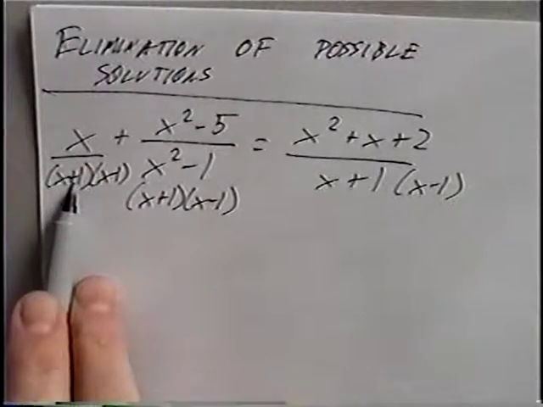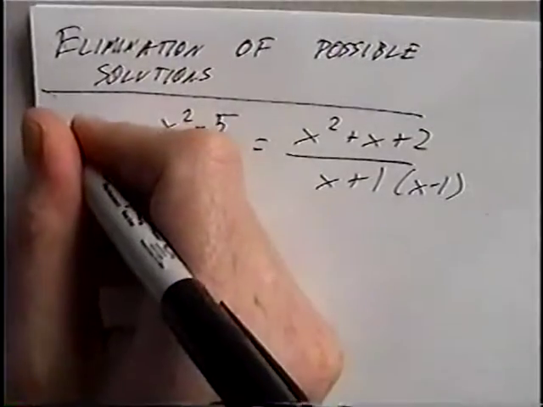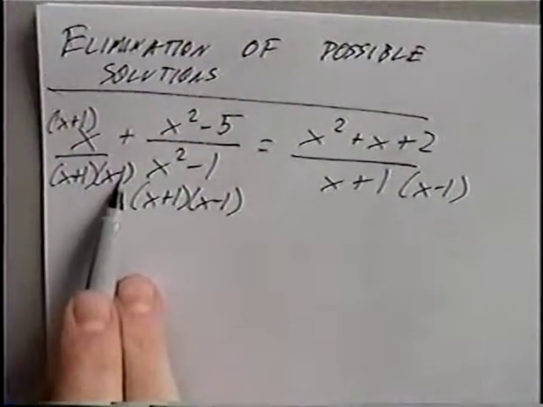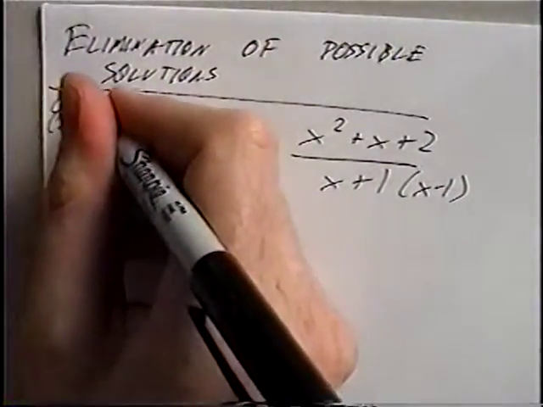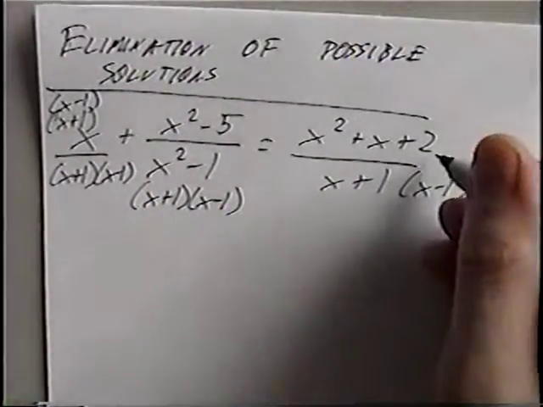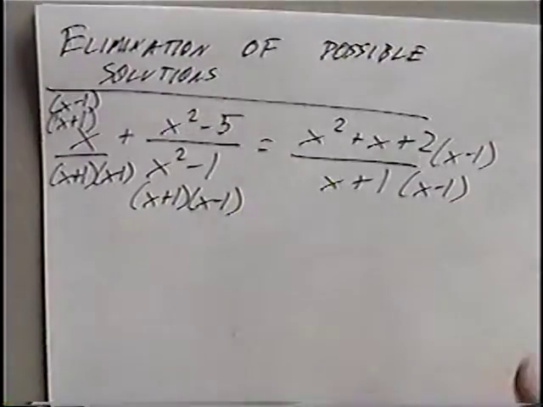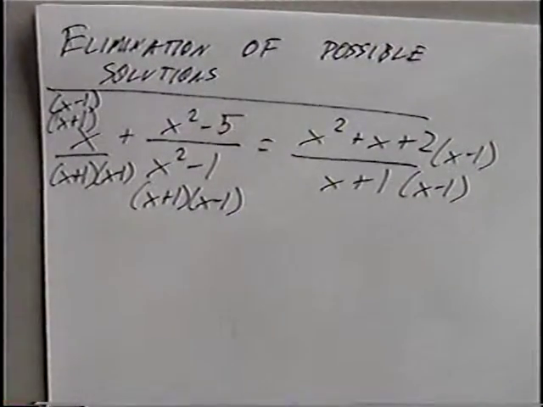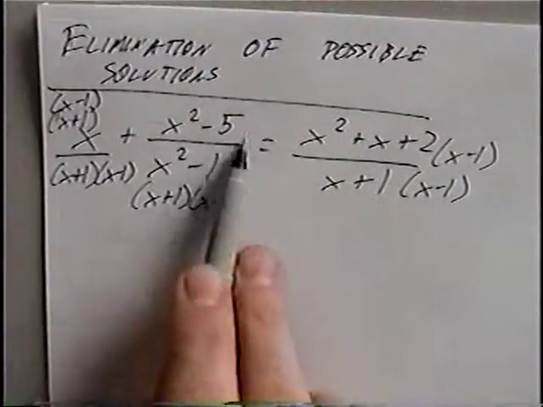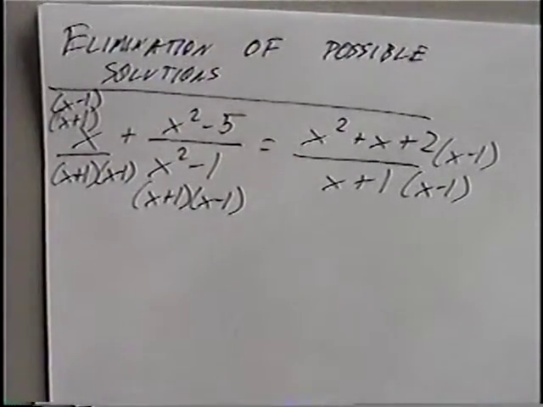We did multiply by x plus 1 on the bottom of this fraction, so we'll have to multiply by x plus 1 in the numerator, and also x minus 1 in the numerator. This fraction we multiply by x minus 1, so we have to multiply the numerator by x minus 1. The second fraction we did not multiply anything, so x squared minus 5 would stay the same.